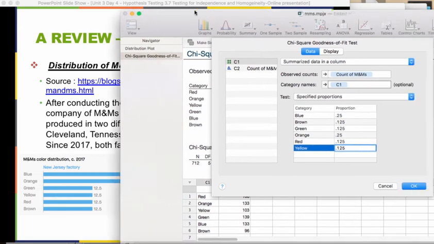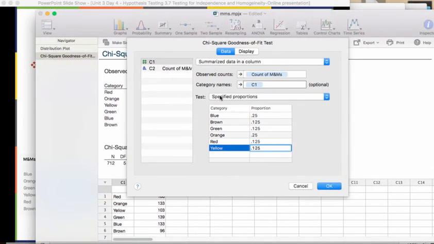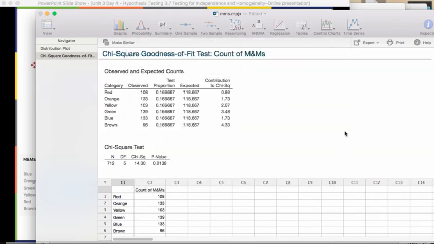That should do it. So I did switch it to the test of specified proportions because those are the ones that we're testing against. All right, click OK and let's see what happens. So as you can see over here, these are the results that we have from the chi-squared goodness of fit test, so for the count of M&Ms, when we do not have the same proportion.